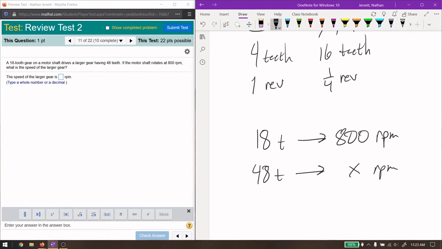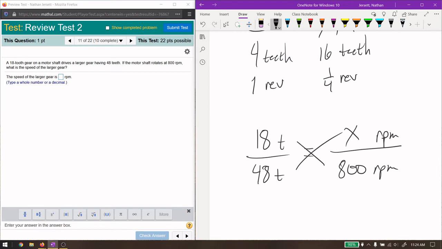Now, if I just wrote this as a proportion, this would be a direct variation. We need to instead flip this second side. We write X over 800. Now you see that they are across each other, and we can use this proportion to find the answer to this problem. That's what gives you an inverse variation. All you have to do is just flip one of the fractions. Don't flip both, just one.